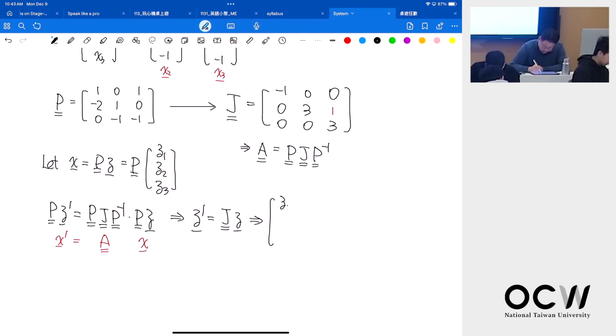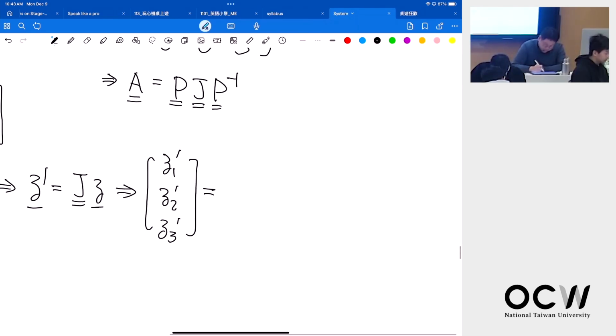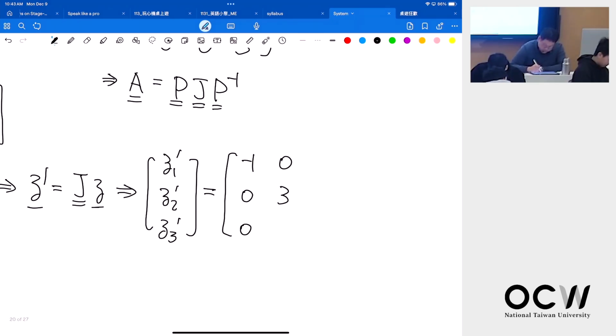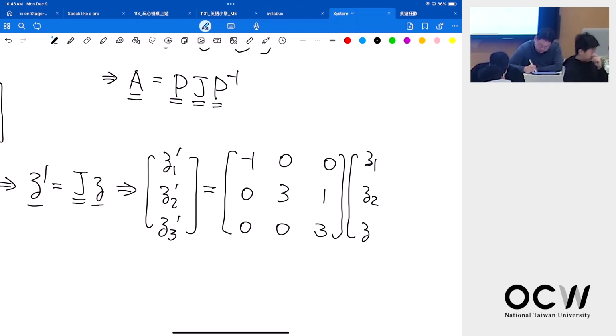So Z1 prime, Z2 prime, Z3 prime equals the matrix with -1, 0, 0, 0, 3. Because Jordan block, you should know how to write this. I have repeated eigenvalues, but I couldn't find the associated two eigenvectors. Then I need to apply the generalized eigenvector. So here I have a 1. And Z1, Z2, and Z3.